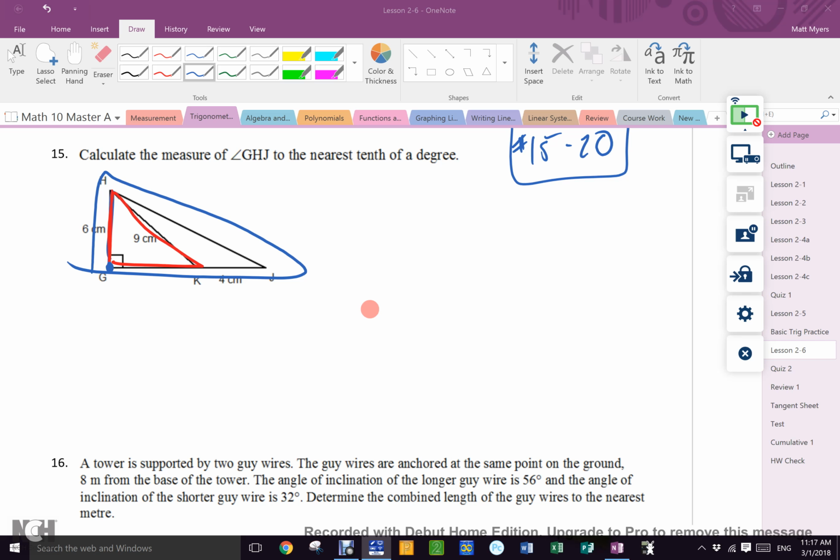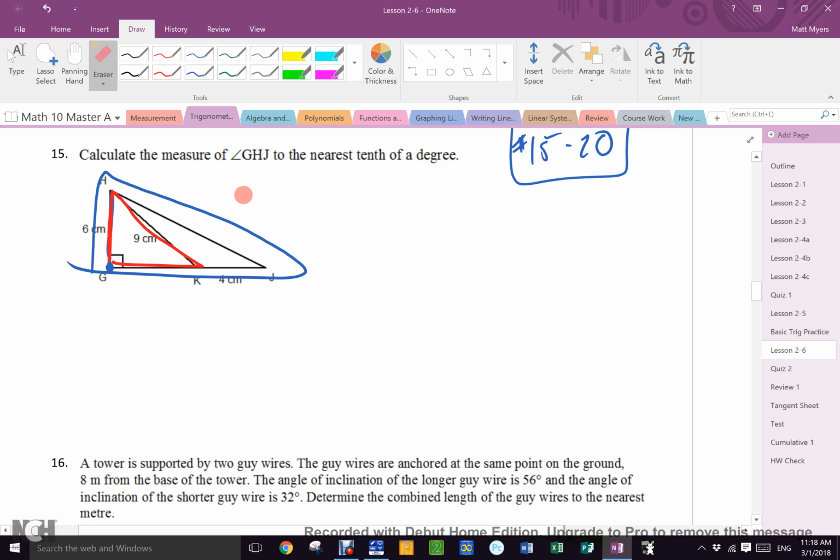I'm not sure what you're saying. 9 can't be theta, it's a side. Thetas can only be angles. But you're on the right track. You have to use that 9 to do something with the red triangle. If you are struggling with 15, please observe. I'm going to help you out a little bit.